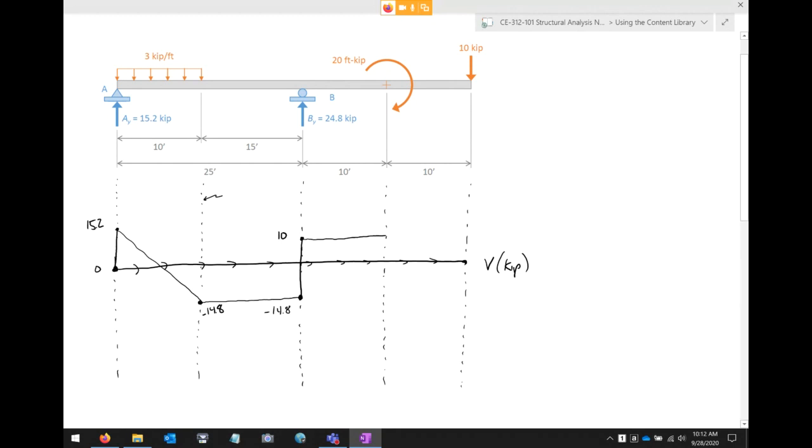Okay. So, keep on trucking. Drop down to 0. That's exactly right. So +10, +10. So right now, we ignore that 20-foot kip moment. Okay? We ignore the moment.